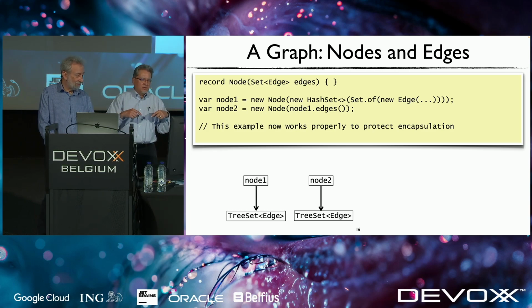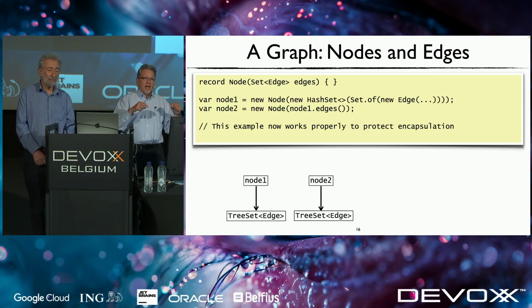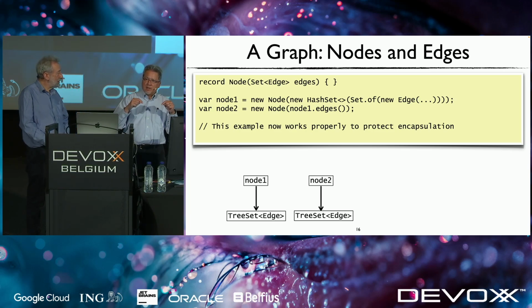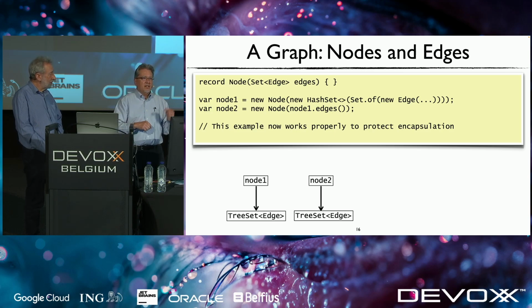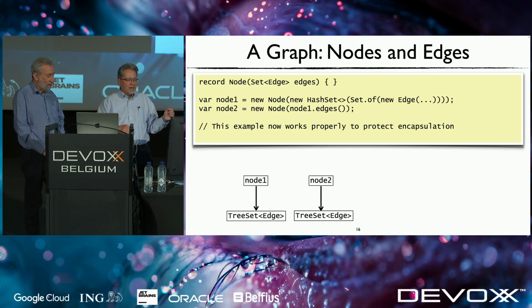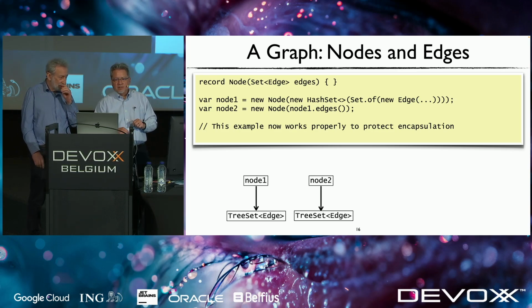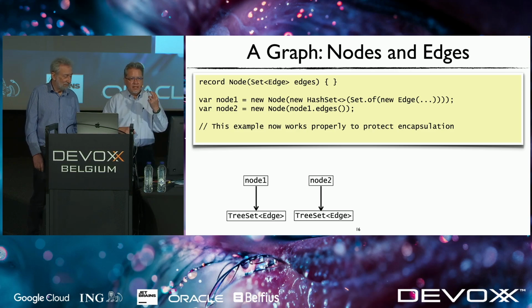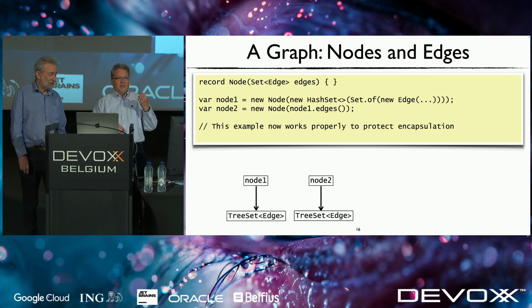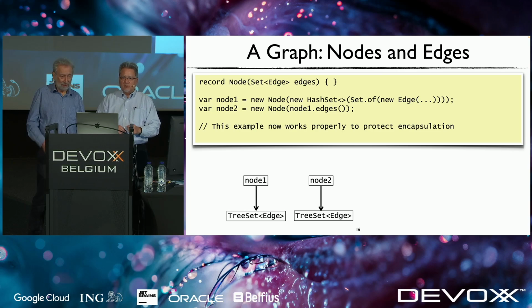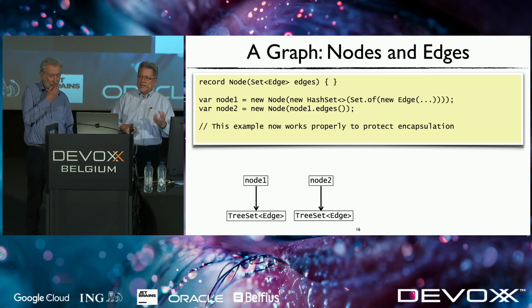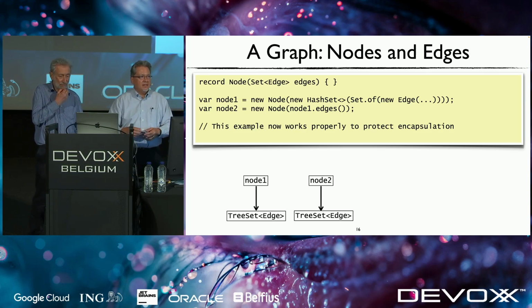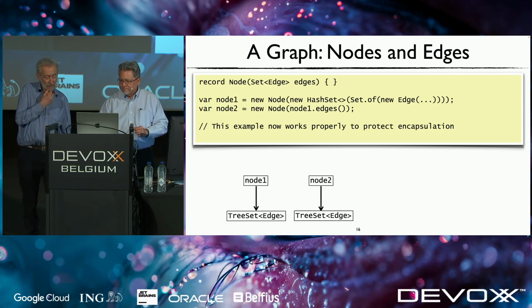And now, since we've added the copying constructor in the record's constructor, and we've added the unmodifiable wrapper in the edges accessor method, the resulting object diagram is what we have here. So each node has its own instance of a tree set that it has exclusive access to, and that's what you want. You don't want any structural sharing between these things. Okay? Yeah, absolutely.